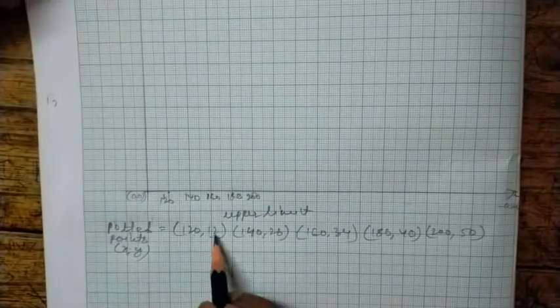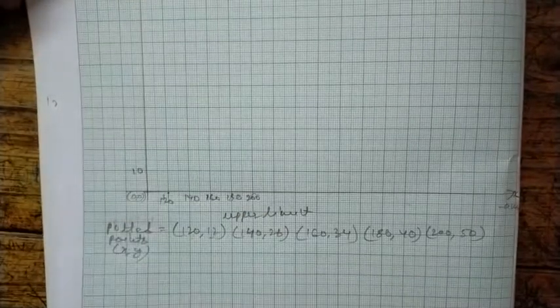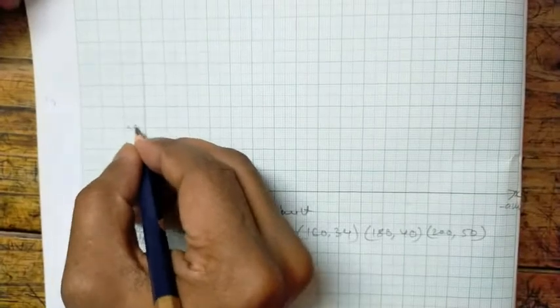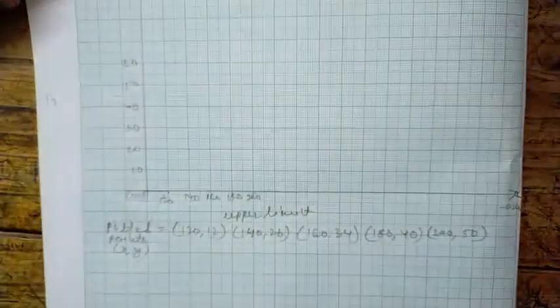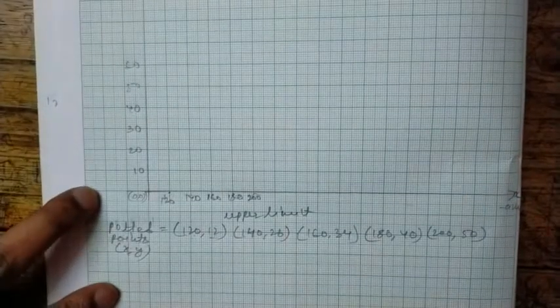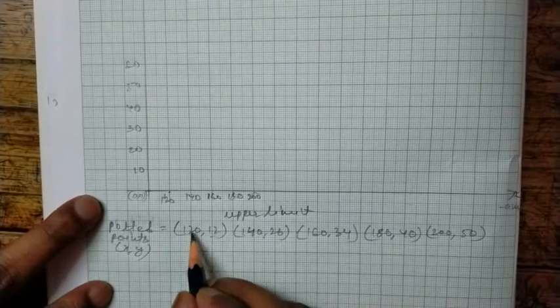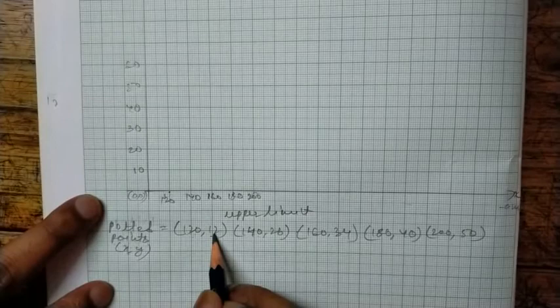For the y axis I can take the values 10, 20, 30, 40, 50, 60. Now see, 120 is our x and 12 is our y.